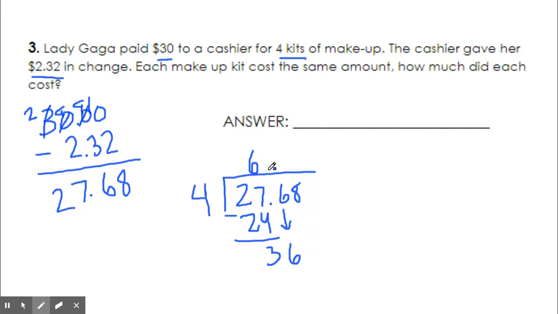I have a decimal here, I got to put it straight up. 4 will go into 36 9 times. Subtract that. Bring down the 8. And 4 will go into 8 2 times. 2 times 4 is 8. So that will zero out there. So the answer is $6.92 is how much each makeup kit costs.